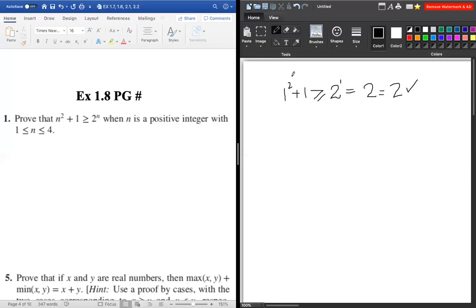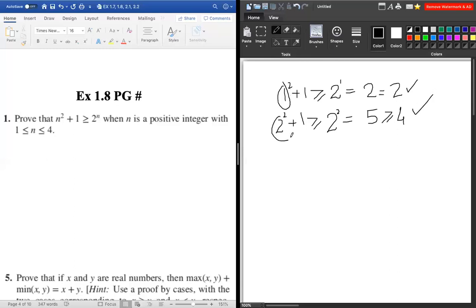So we proved it for when n equals 1. Likewise, we will do it for 2 squared plus 1 is greater than or equal to 2 squared, right? And then it will be 5 is greater than or equal to 4. So this is also true.